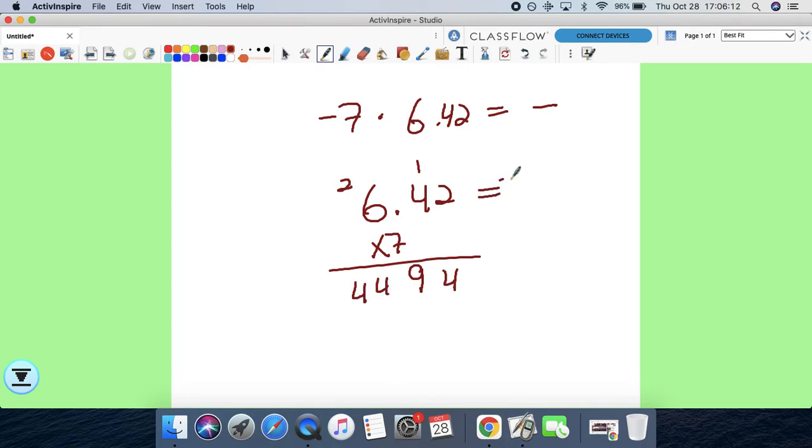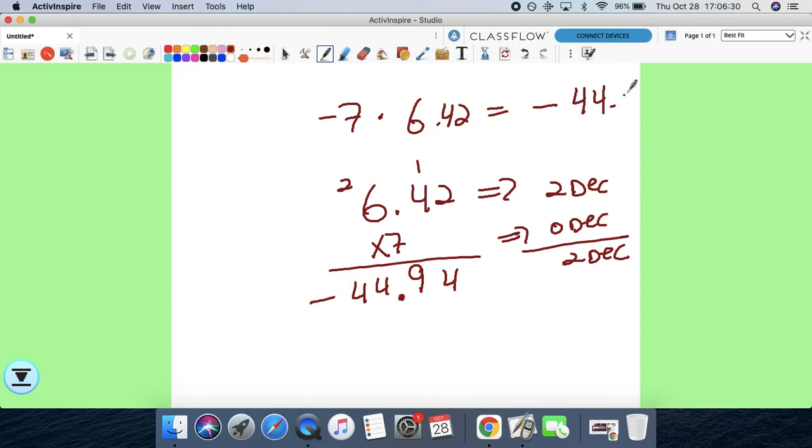Sorry, forgot to do this. So this has the 2 decimal places. This has 0 decimal places. So our answer is going to have 2 decimal places. So where do I put the decimal? Right there. And I forgot, the answer is negative. So the answer is negative 44.94 because a negative times a positive is a negative.